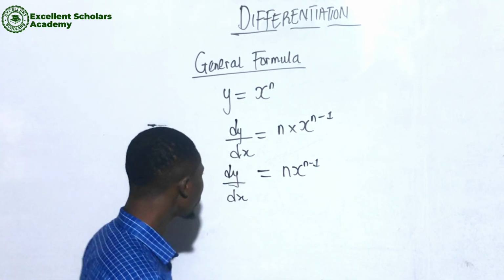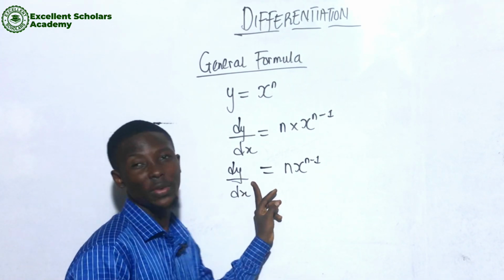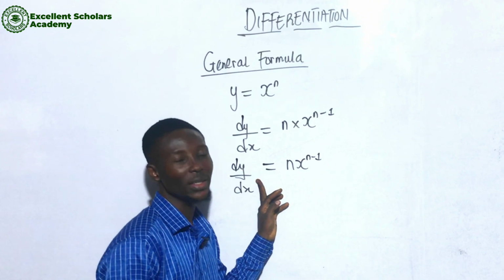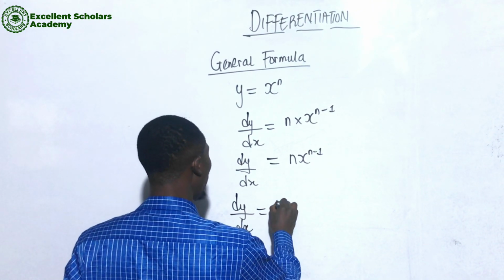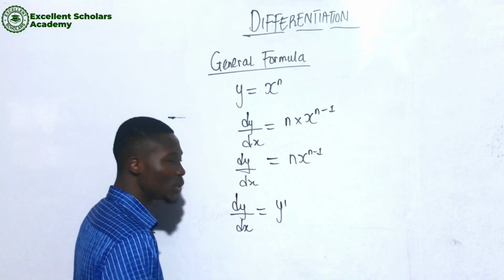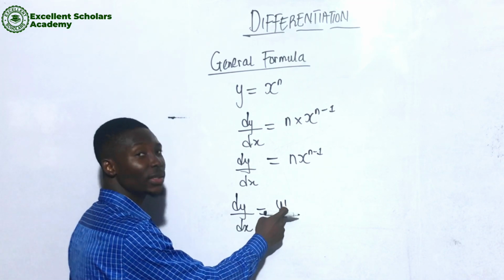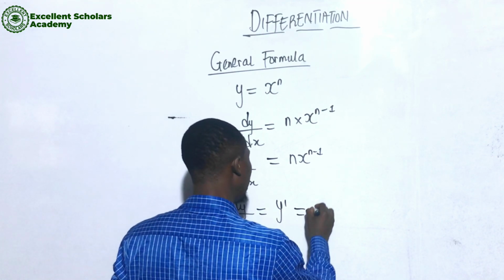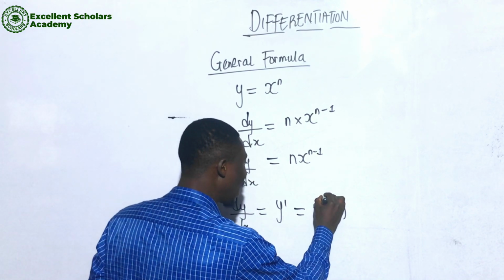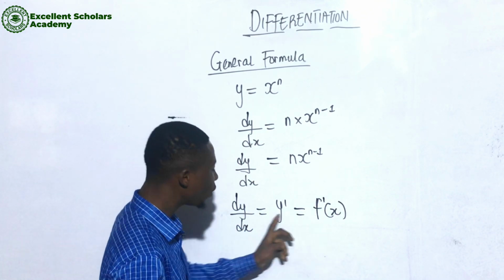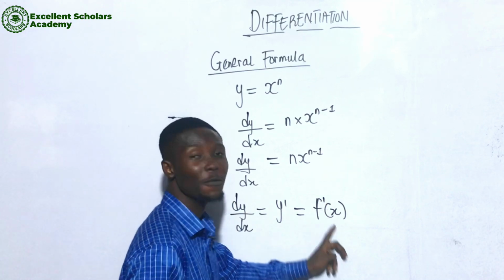Okay? So now, most of the time, you might not see dy/dx. I want you to know that dy/dx is equivalent to y prime. So this can also be written as this. And also, in case you are given it in this form, if they write f prime, I can write this differentiation, dy/dx, as f prime of x.